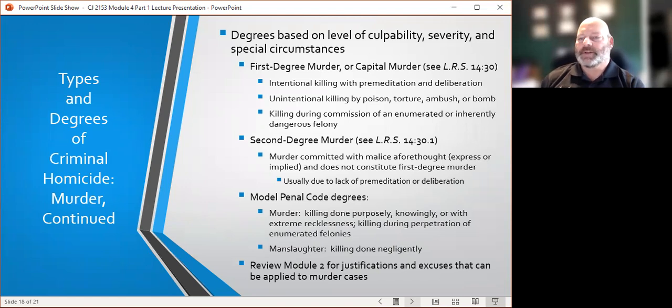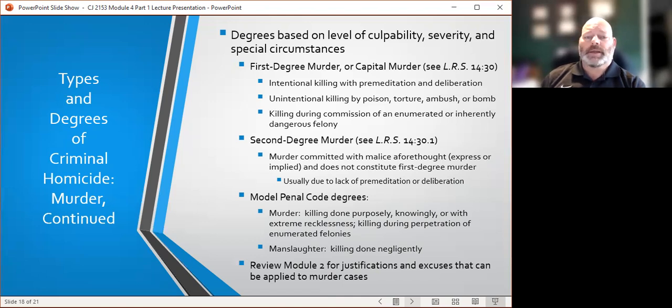This could be the unintentional killing even of one or more people by poison, torture, ambush, or use of a bomb, and could be the killing during the commission of an enumerated or inherently dangerous felony. Take a look at LRS 14:30 in the Louisiana Revised Statutes for a definition of first-degree murder in Louisiana.